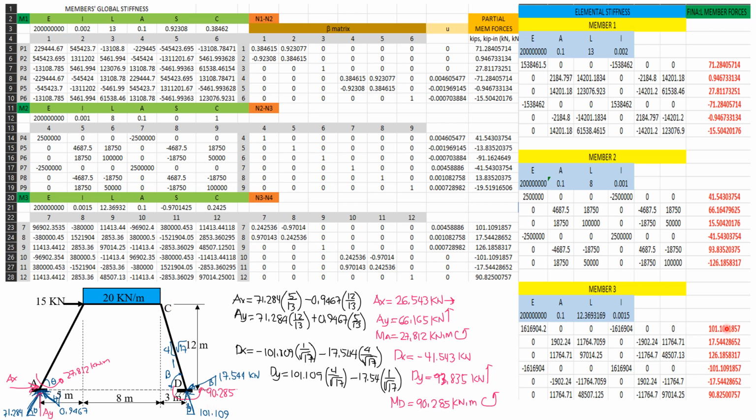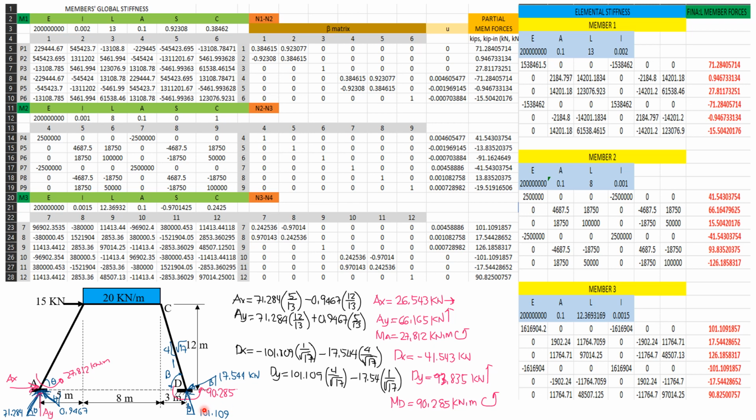So it is positive here because it is directed from C to D. So positive there but negative there. So meaning to say opposite to the positive direction. And the shear is, because this is the top fiber, negative, so it is directed in this direction. So shear, notice negative 17.544.